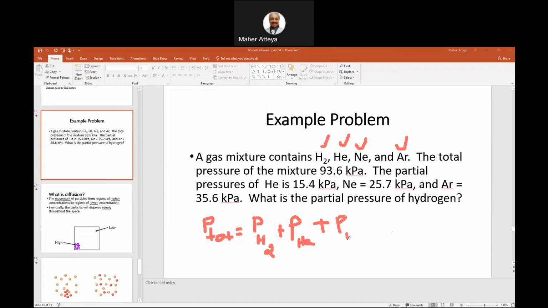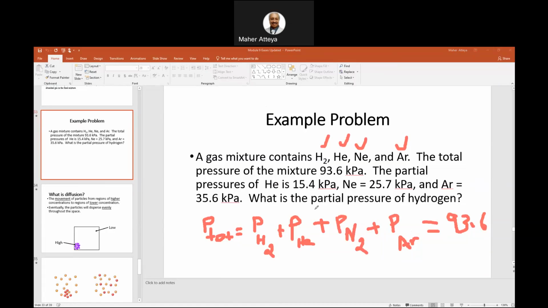Right, guys? Plus the partial pressure of argon. So the total here, all of it, equals 93.6.